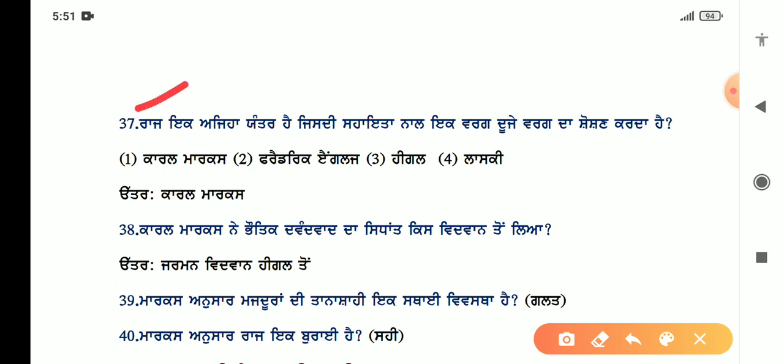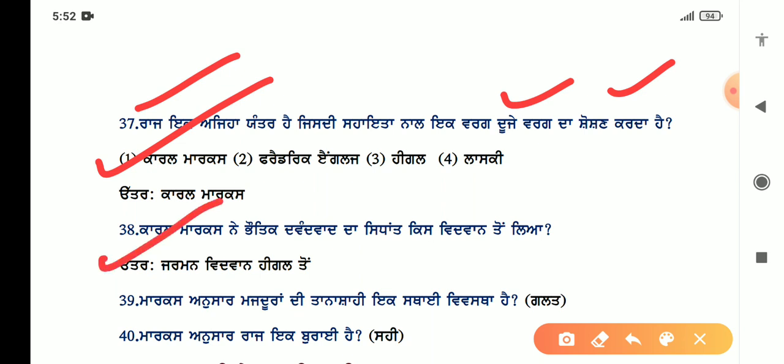The state is an institution with the help of which one group exploits another group, one class exploits another class. Who said this? Karl Marx. From where did Karl Marx take dialectic materialism? From Hegel, the German scholar Hegel.